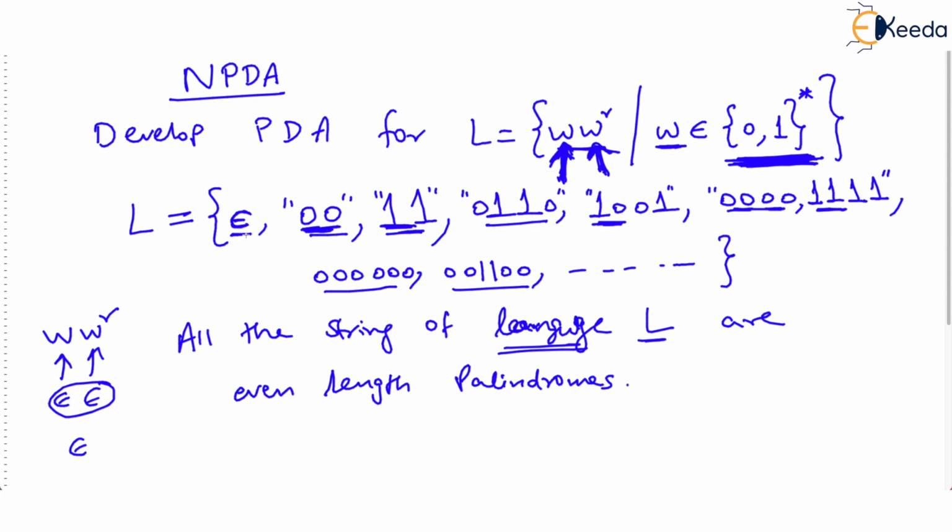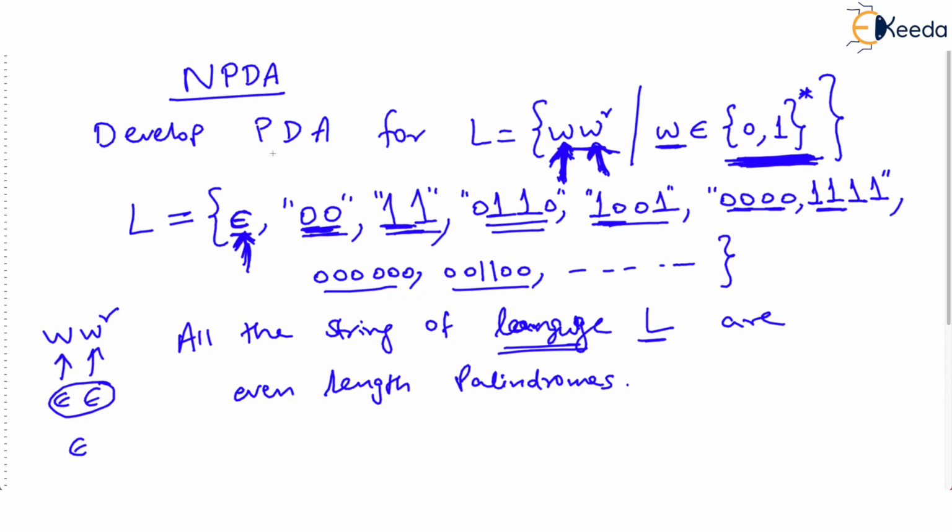And you will agree that an empty string is a palindrome of length 0, and according to us 0 is even. I know 0 is neither even nor odd, but we accept it without loss of generality that 0 is even. Then this is a palindrome of even length. All the strings are palindromes of even length.